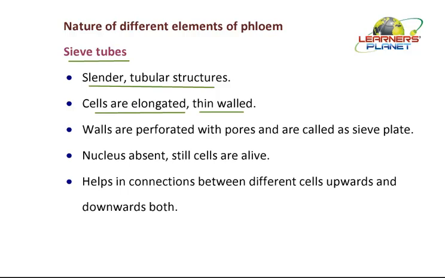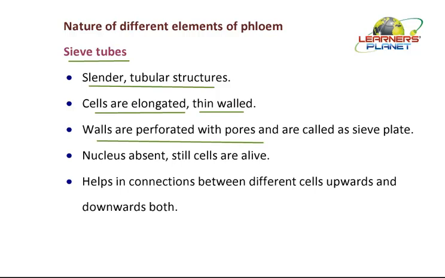Now the wall of these particular cells is thin. Why is it thin? Because there is no lignin deposition, and there is of course cellulose and hemicellulose present in the cell wall. Although we are calling it a thin wall, the thickness is not as low as in the meristematic tissue. But of course they are thin in nature. Besides this, walls are perforated with pores.